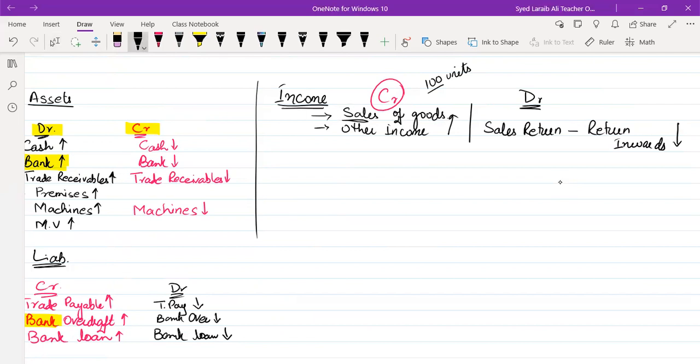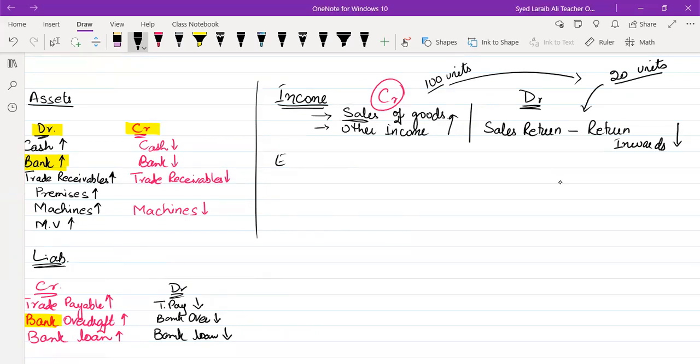Out of these 100 shirts, 20 shirts were faulty and they are returned to me. When they are returned to me, my sales has decreased from 100 to 80. This is why I said that when sales decreases, it is recorded on debit side.